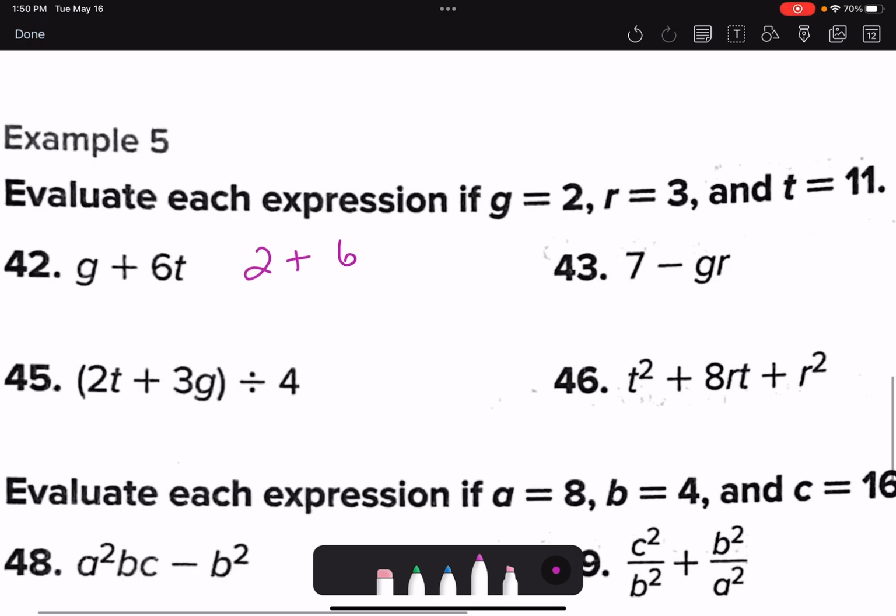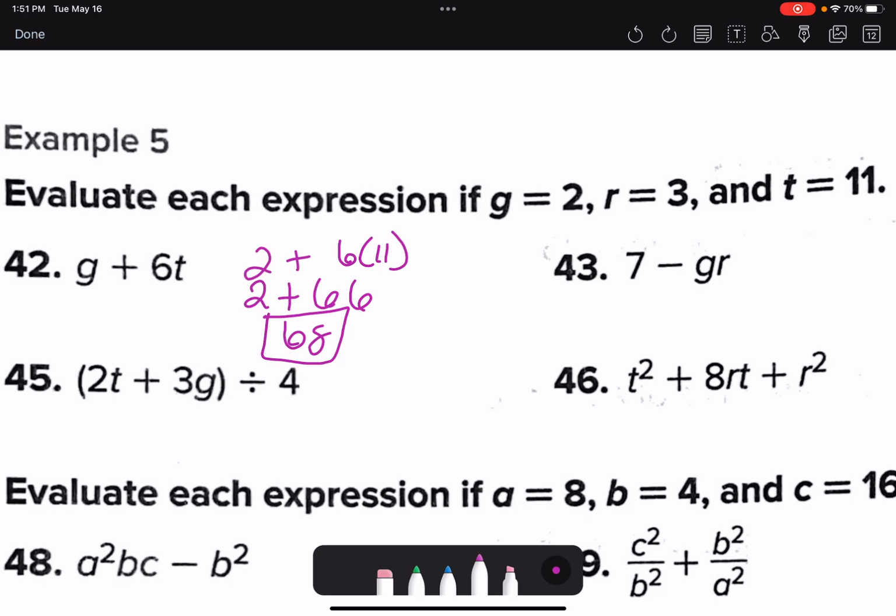T is 11, so 6 times 11. Now that I have no more variables, I'm going to do order of operations. Order of operations says multiplication first. 6 times 11 is 66. And then 2 plus 66 is 68, making 68 our final answer.